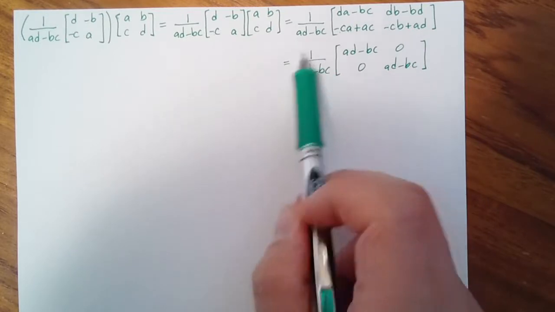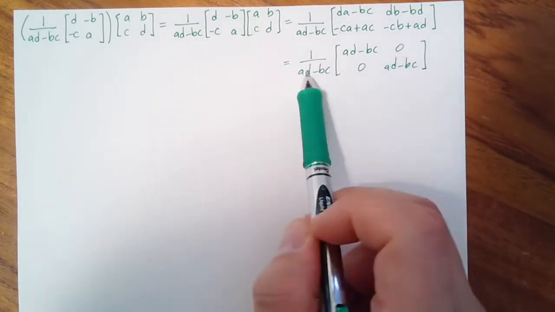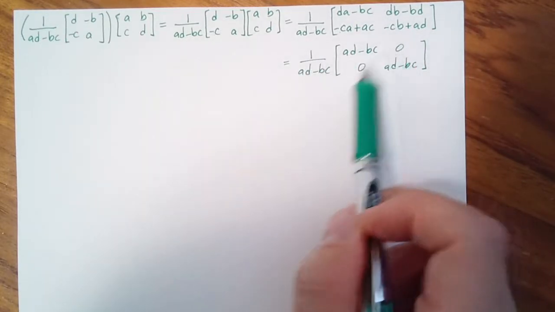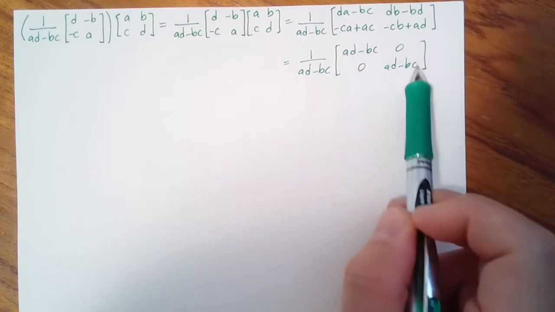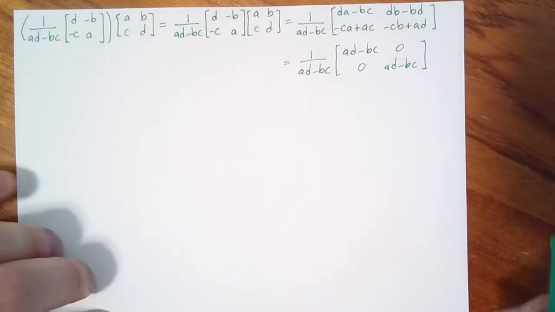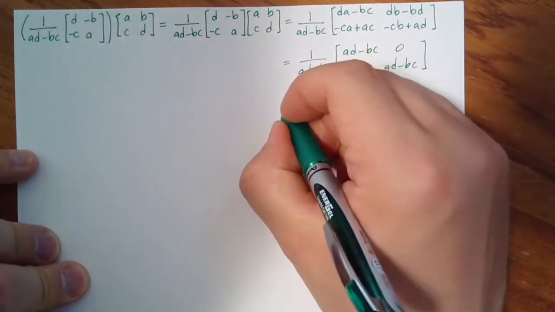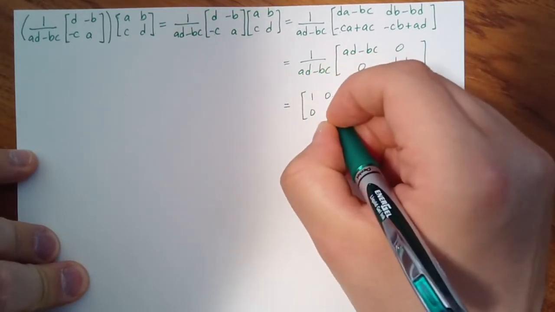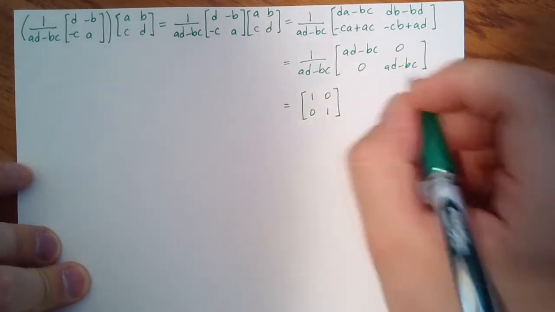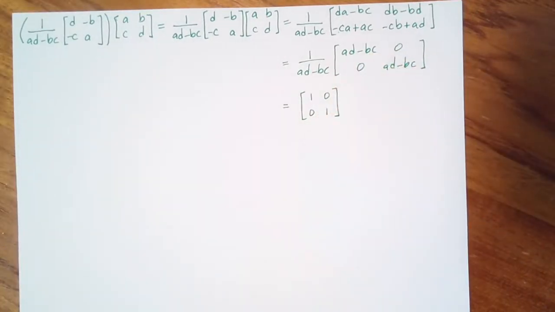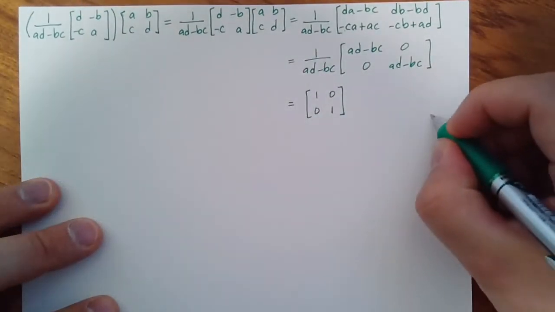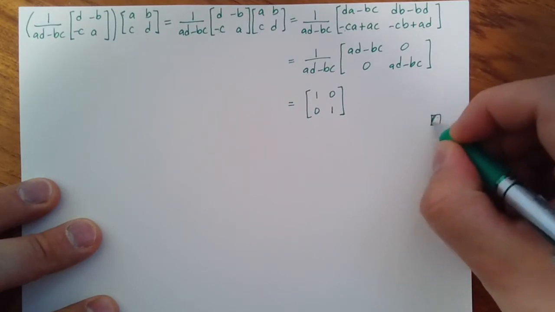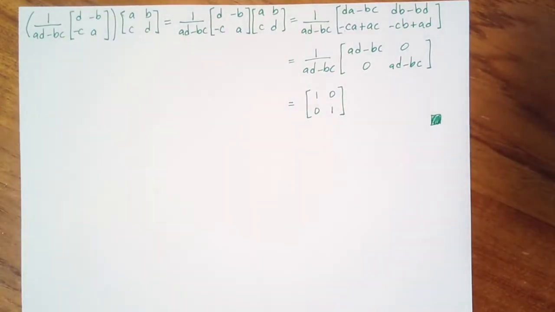Because now when I take this scalar and multiply it onto every entry in the matrix, the zeros won't change, but these two entries along the main diagonal are being multiplied by their reciprocal. So they turn into 1. So you have 1, 0, 0, 1. So that actually gave us the 2 by 2 identity, and that completes the proof. Because now we've checked that both products gave us the identity matrix.